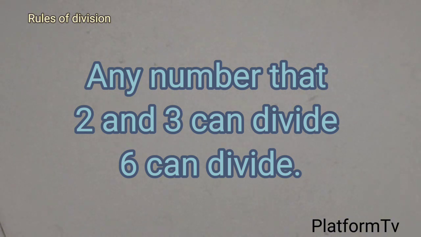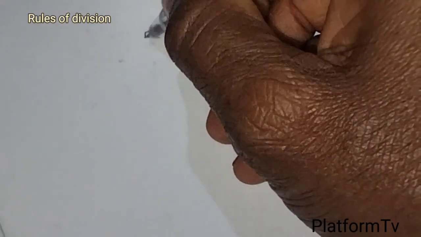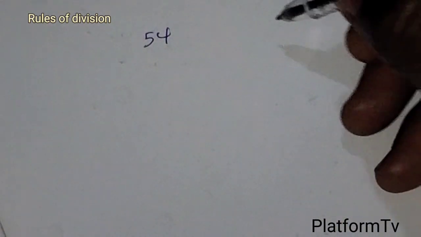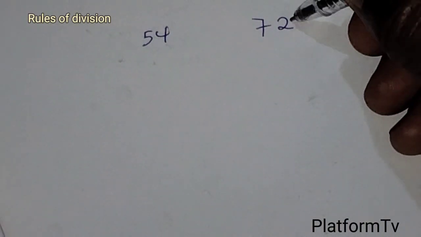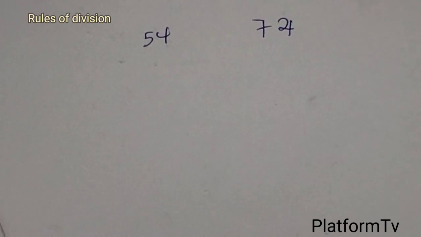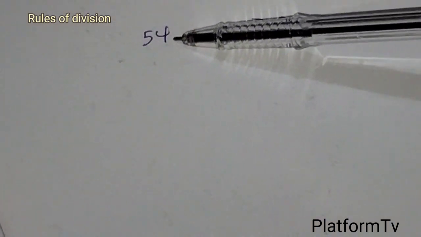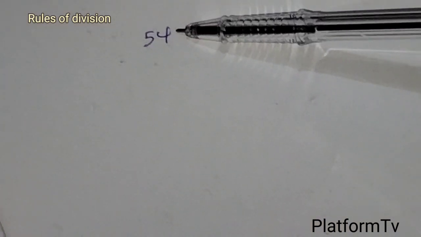So let's take an example. I have 54 and 74. Now let's try. We have 54. We know that the last digit is an even number, so 2 can divide this, right?